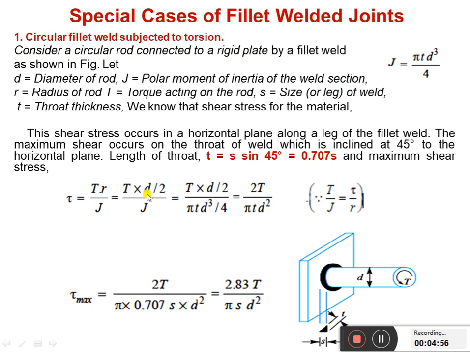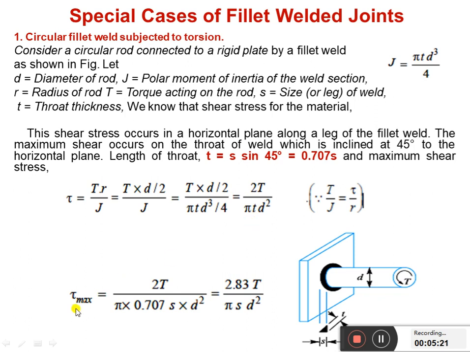T into r, where r is d by 2, divided by J, and J, the polar moment of inertia for this weld, is equal to pi d cube into t divided by 4. If you substitute, we get tau equal to 2T divided by pi t d square.